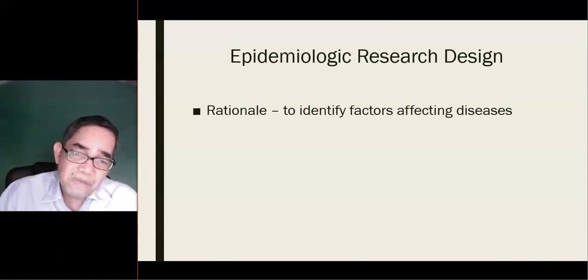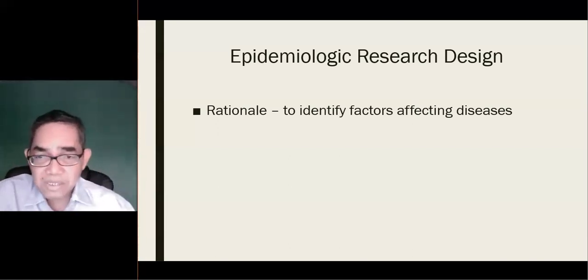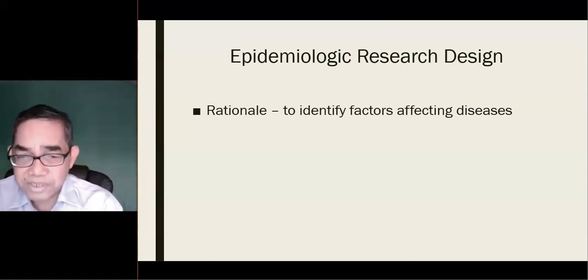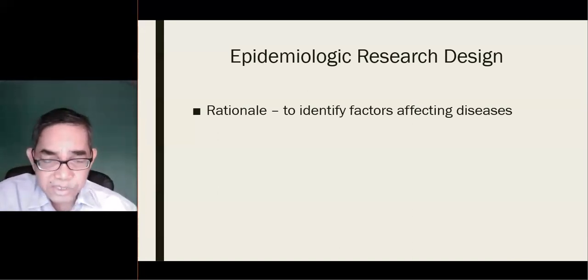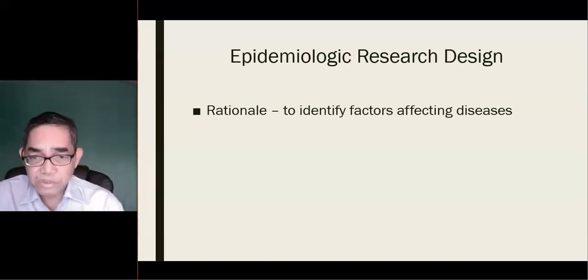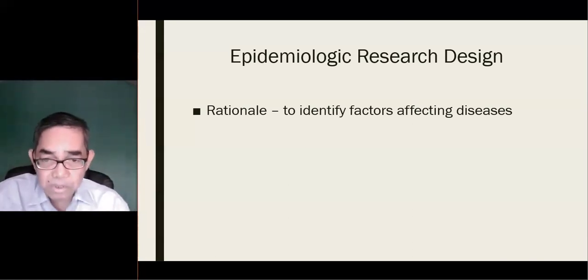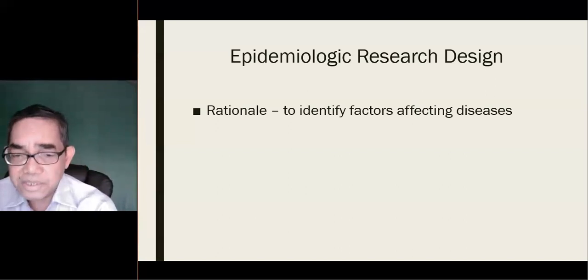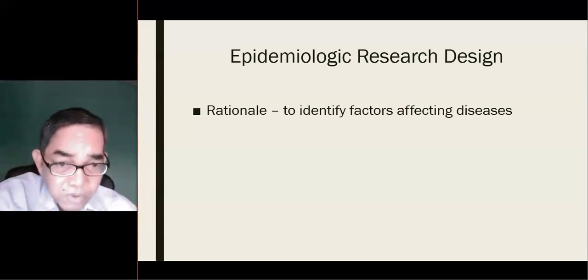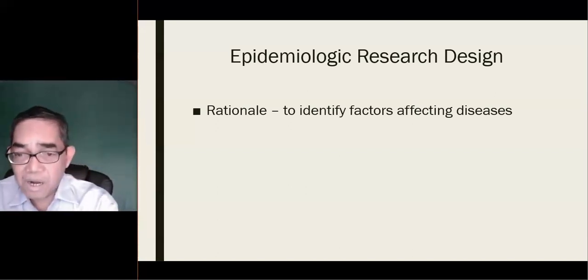For example, a very simple example, smoking and lung cancer. If we say that smoking is a risk factor for lung cancer, we're not really saying that if you smoke, you will have lung cancer, and if you don't smoke, you won't get lung cancer.